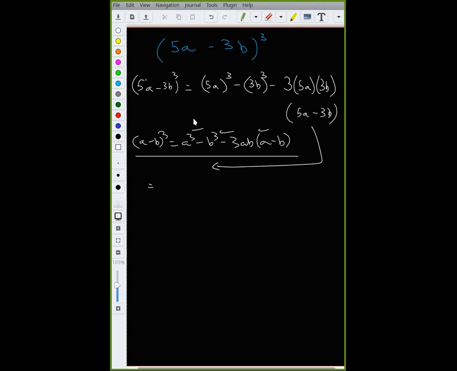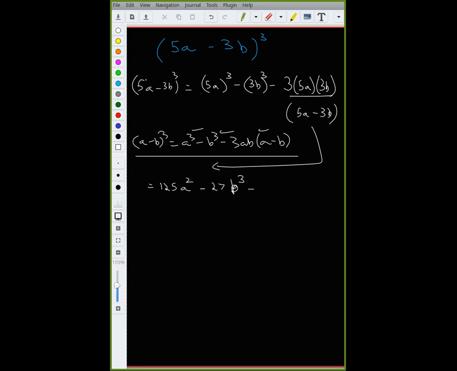What will this become? What's 5a, the whole thing cubed? It's 125a cubed minus of 3b, the whole thing cubed, which will be 27b cubed, minus, what is 3 into 5? 15. 15 into 3 is 45. Yes, sir. 45 into 5?